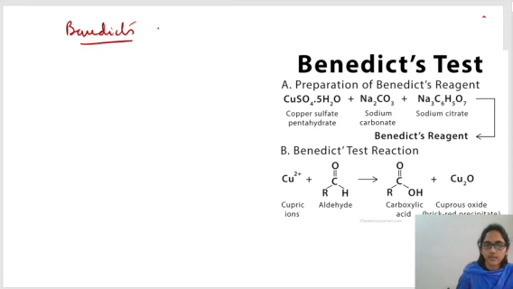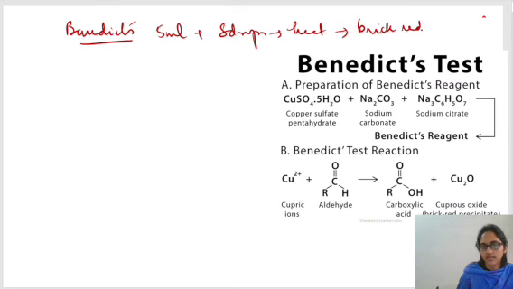You add 5 ml of Benedict's reagent to 8 drops of the sample and heat it. When you heat it, you get the characteristic brick red precipitate. We have a series of colors like yellow, green, orange, and brick red, depending upon the concentration of glucose in the solution.